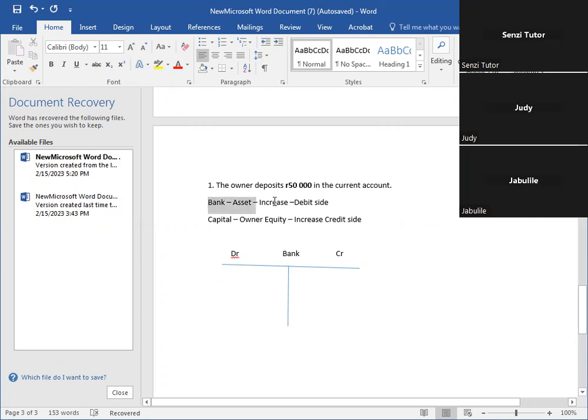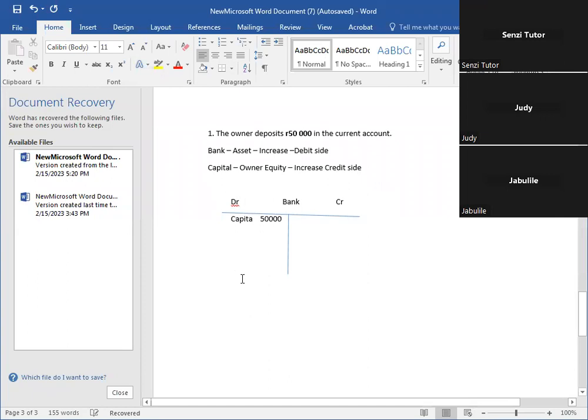As we indicated here, the bank, because it is an asset, will have an increase on the debit side. Therefore, we must record on the debit side. This money is for capital. How much is the money? It's 50,000, as capital. So there is an increase on the debit side for the bank.